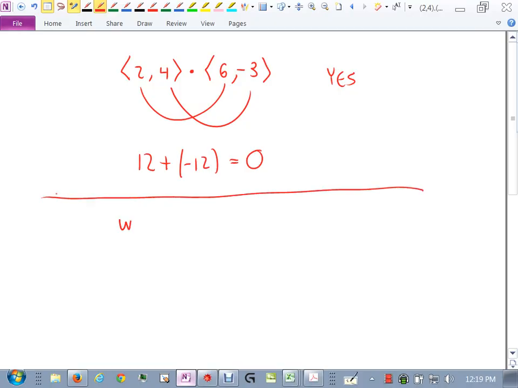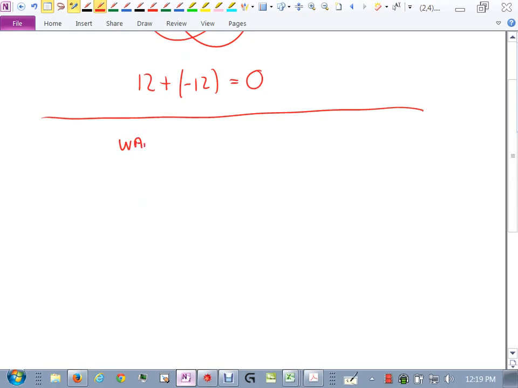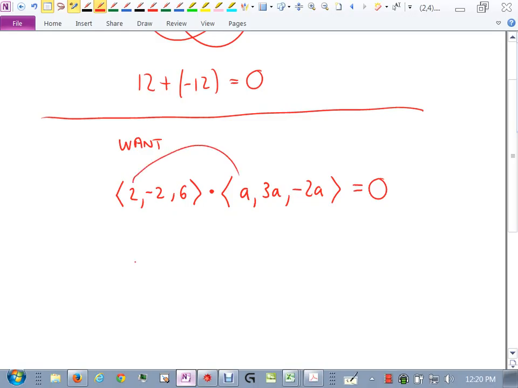This is a new problem. I want (2, -2, 6) dotted with (A, 3A, -2A) to be equal to 0, right? That's what I would like. So go ahead and dot these out. 2 times A is 2A. -2 times 3A is -6A. 6 times -2A is -12A, equals 0.